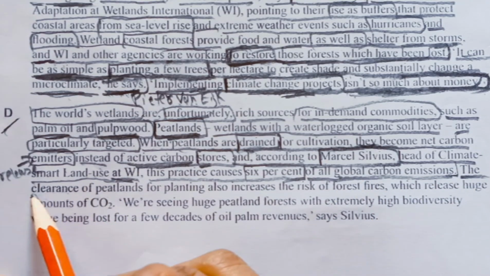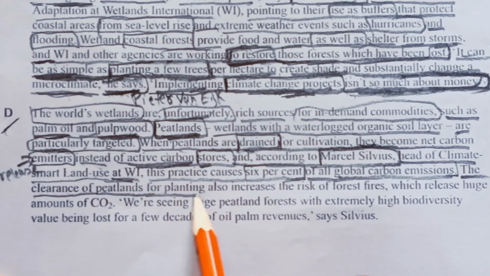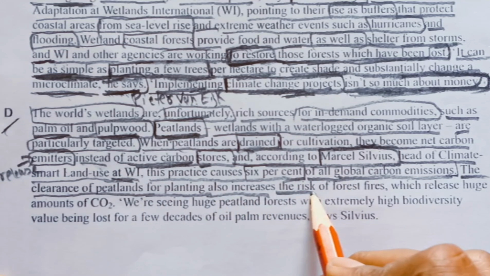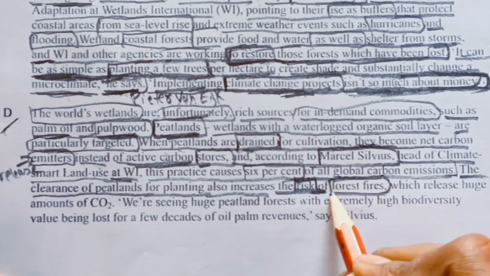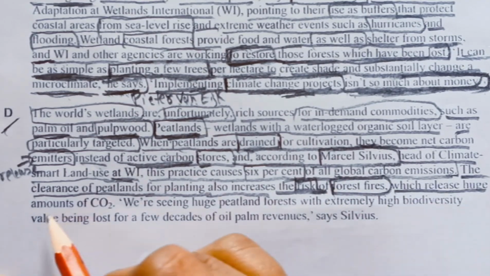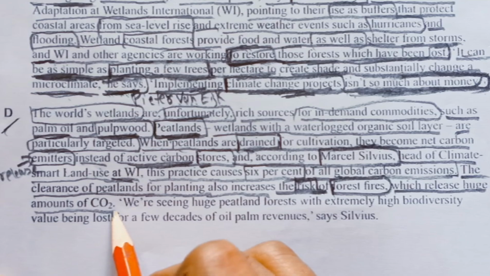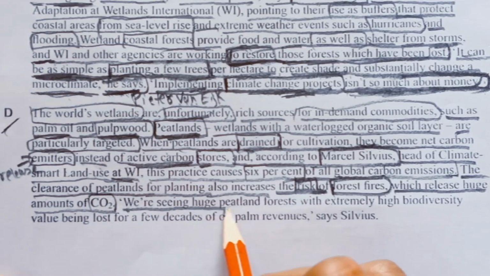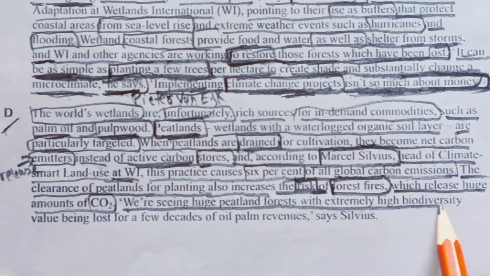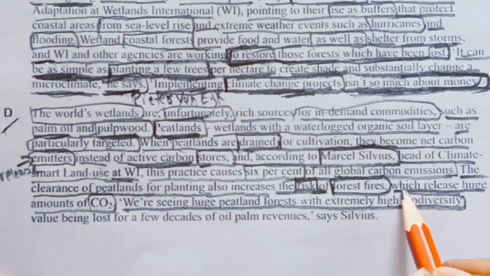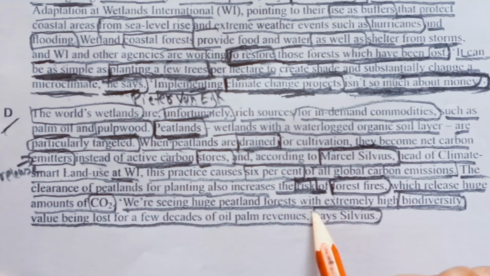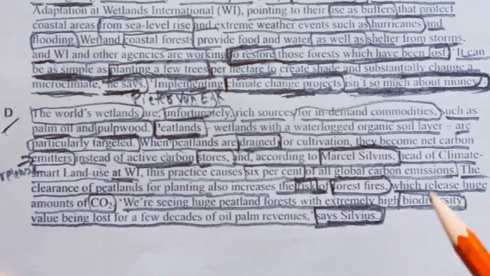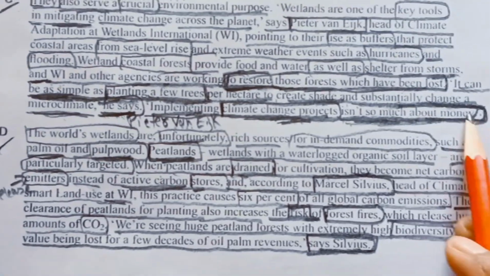The clearance of peatlands for plantation also increases the risk of forest fires, which release huge amounts of carbon dioxide, CO2. We are seeing huge peatland forests with extremely high biodiversity value being lost for a few decades of palm oil revenue, says Silvius. So many things we are getting in this.